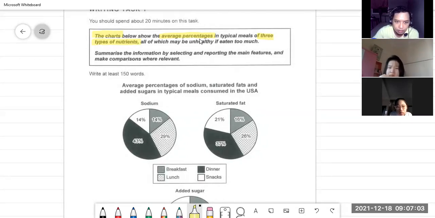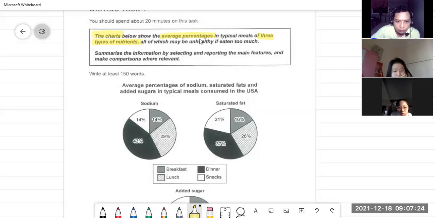Nutrients are something that we can find in food, okay? So it's one of the kinds of food, okay? So here below are the three types of nutrients.